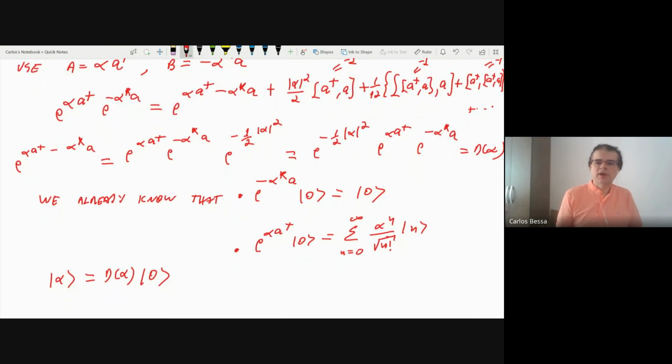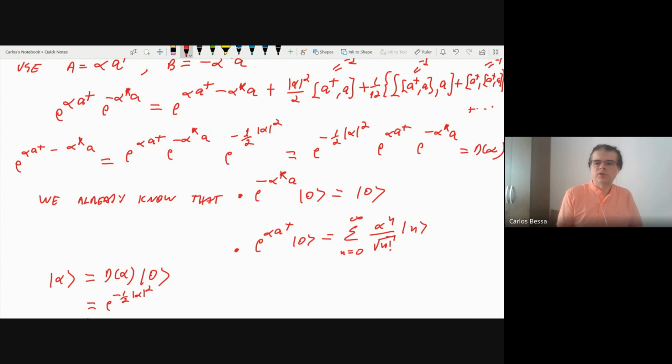And because of that, if I use this term here applied to the vacuum, this will give me just this number, exponential of minus 1 over 2 alpha square.